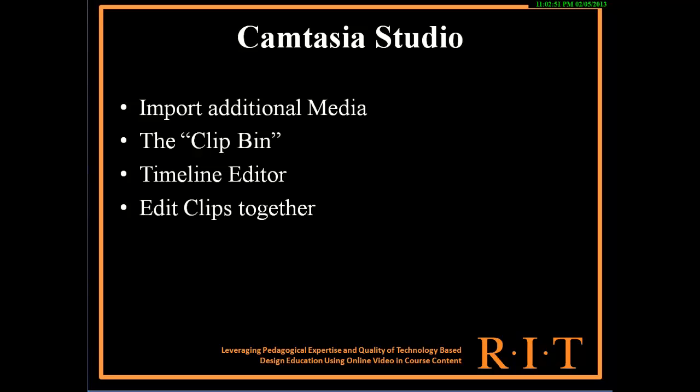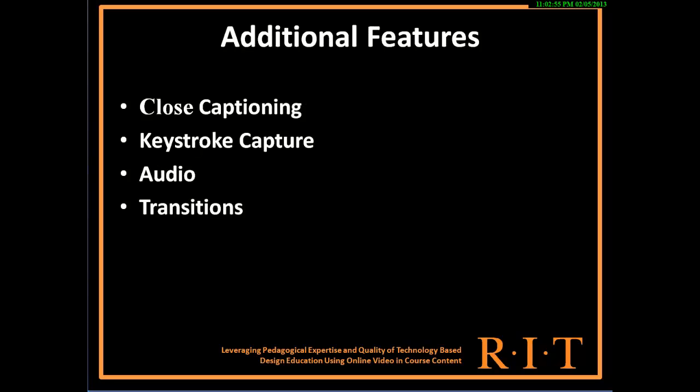And you'll edit those clips together to make your final video. At which point you may apply some additional features. You may add closed captioning or keystroke capture, additional audio, or transitions.